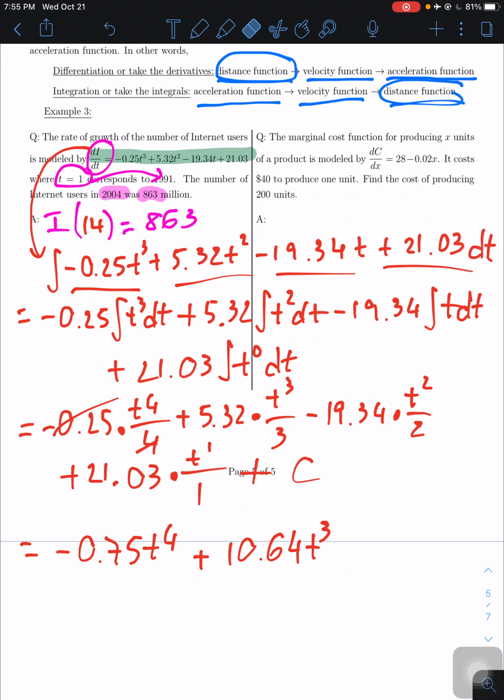Okay, this is not the same number as I got. So this one is supposed to be 1.77. Okay, and then this one is supposed to be 19.34 divided by 2. That is 9.67 t squared.